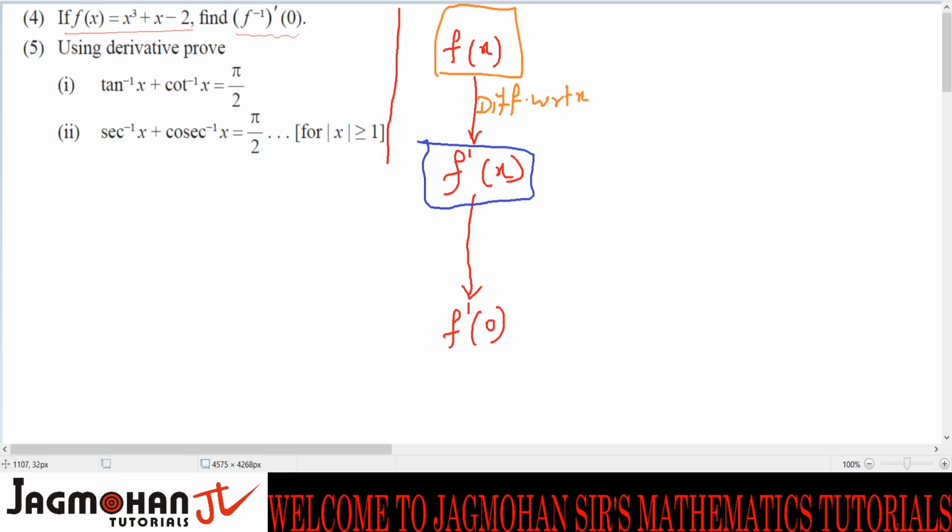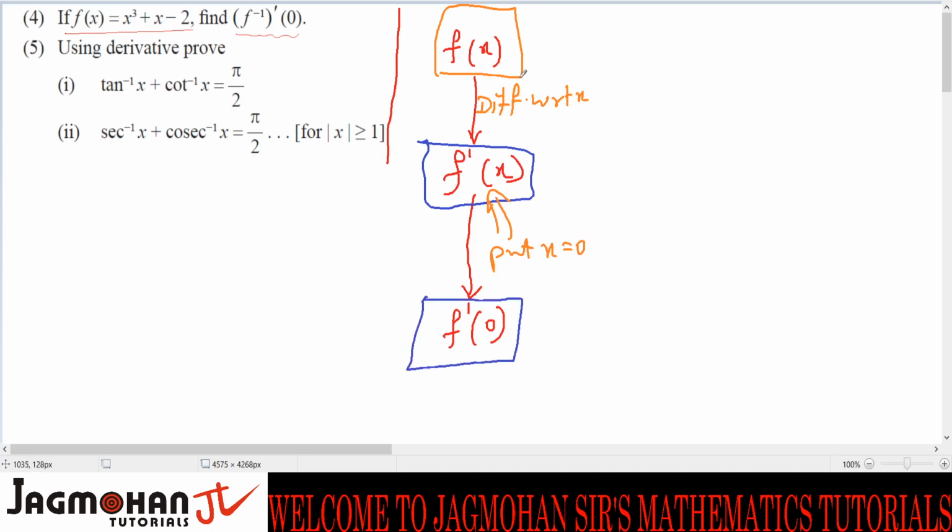Think on it. Well done, very good. You put x equals to 0. When you put x as 0 in f dash x, you get f dash 0. I hope it's clear to you.